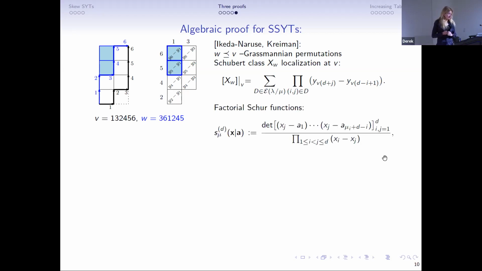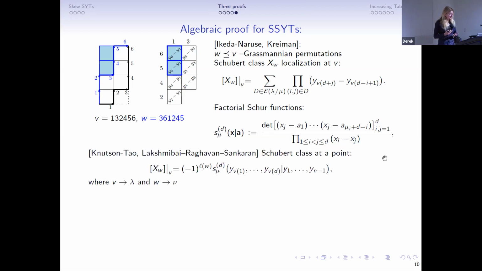And the other thing that we're going to need is this generalization of Schur functions, the factorial Schur functions. So they're still symmetric in the x variables, but there are also these parameters A. So this is a determinantal formula. And a result from algebraic geometry basically tells us that the localization formula can be computed as a certain evaluation of a factorial Schur function.